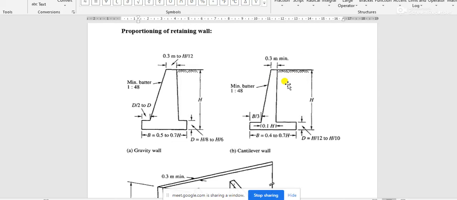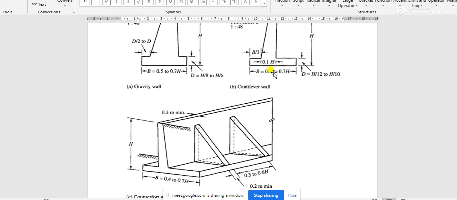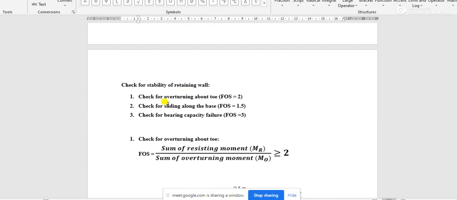The pressure means horizontal pressure, that means the earth pressure coming from the backfill soil. The retaining wall must retain it, and that's why we have to go for checking the stability of the retaining wall.